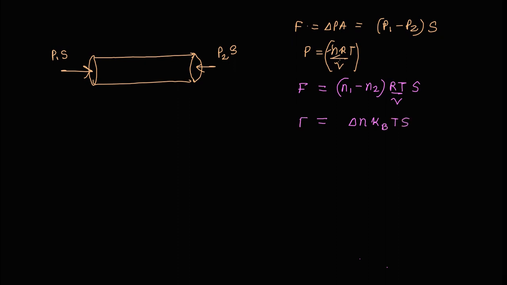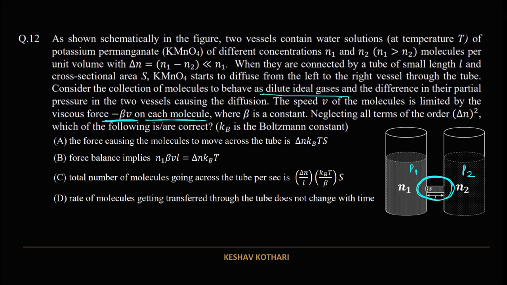So the value of force that we are going to obtain is equal to delta N Kb T s. If we calculate for each molecule, the force causing the molecule to move across this is equal to delta N Kb T s. So this alternative is absolutely correct.